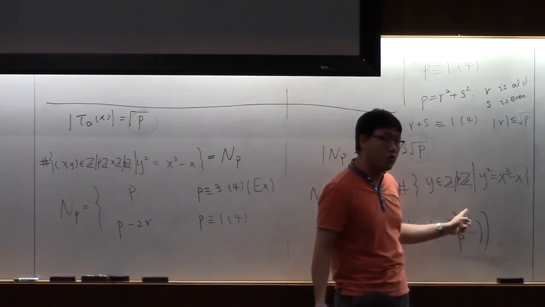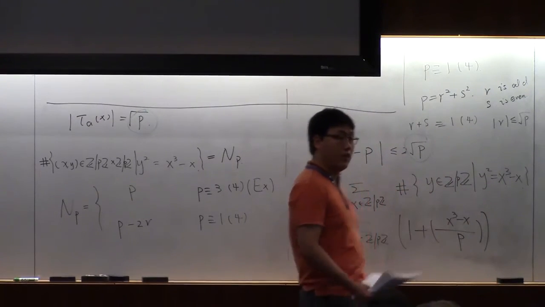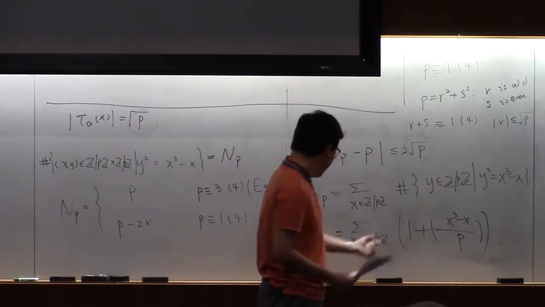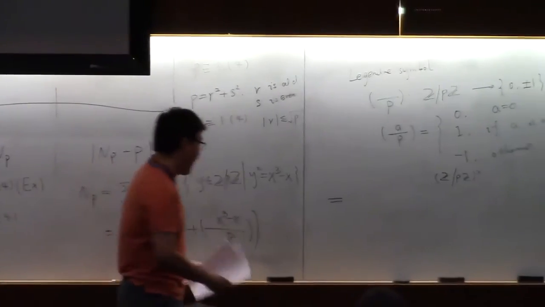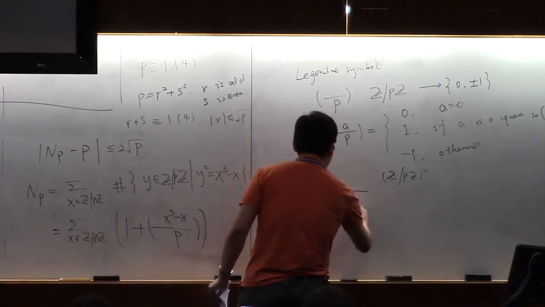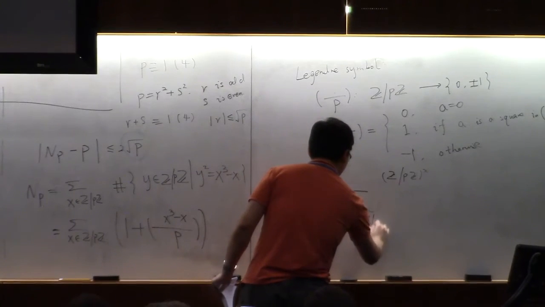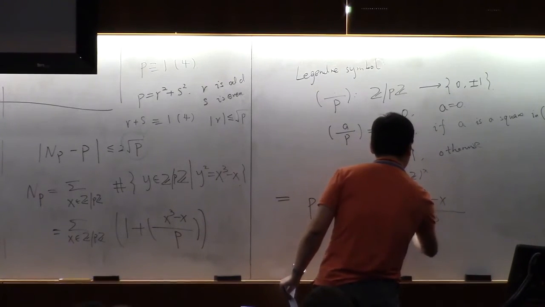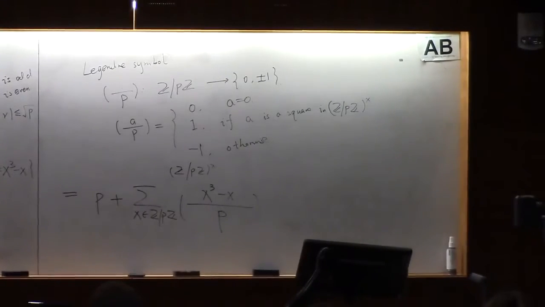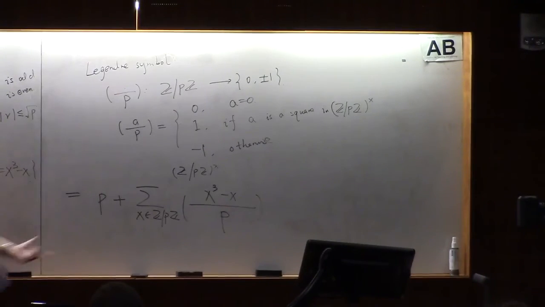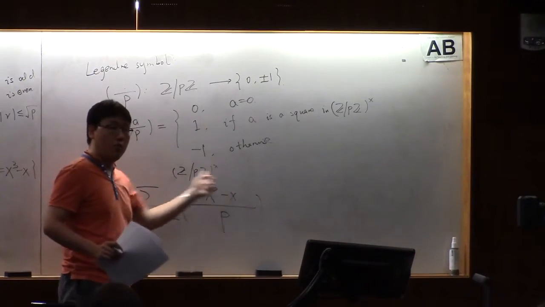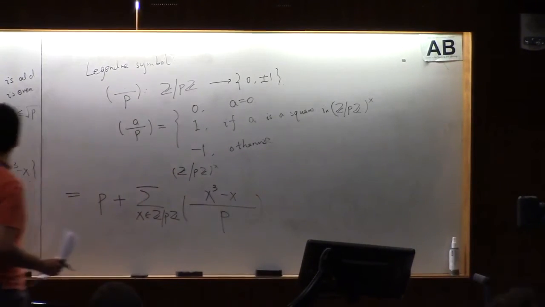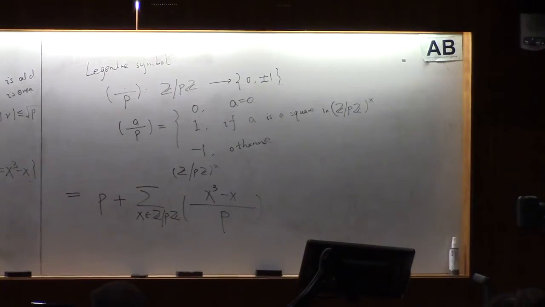If it is not a perfect square, you have no solution. Okay? And then, try to simplify this sum. You have p 1s. You sum them together, you get p. And the rest is the sum of this Legendre symbol. And this inequality just gives you a bound on the sum of these values of the Legendre symbol. It tells you that the absolute value of this sum is less or equal to 2 times square root p.